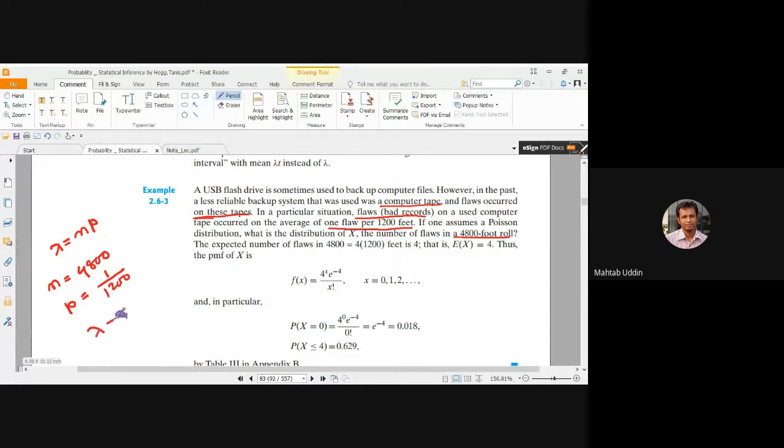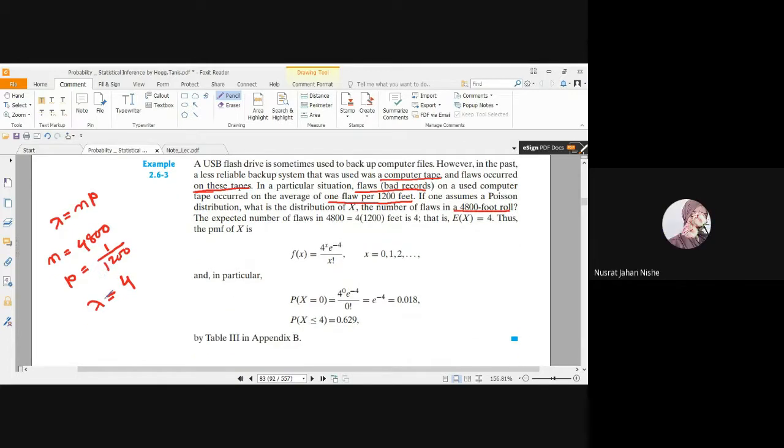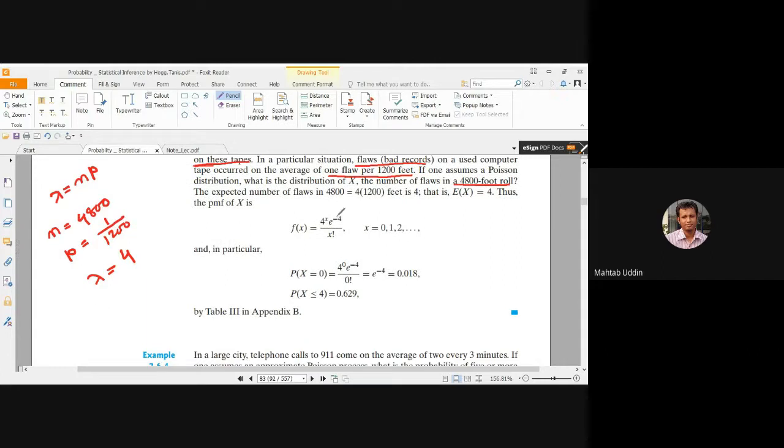So lambda is a multiple of this, we will get 4. Do you understand how we get the lambda? Yes, sir. Yes. So f(x) will be 4 to the power x, e to the power minus 4, over x factorial.